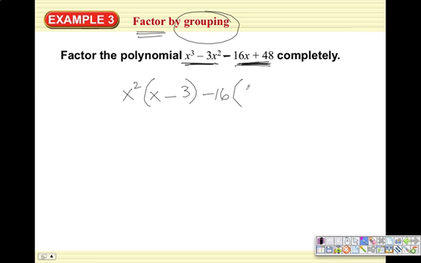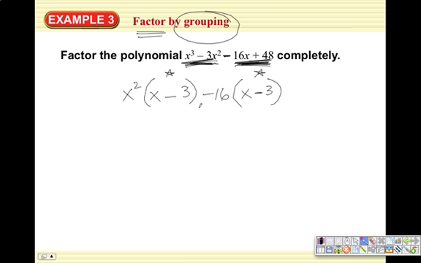Okay, times x, and be careful, minus 3. Alright, now, I pulled out GCF out of the first 2, pulled out GCF out of the second 2, and watch what happened. These 2 things inside parentheses are the same thing.